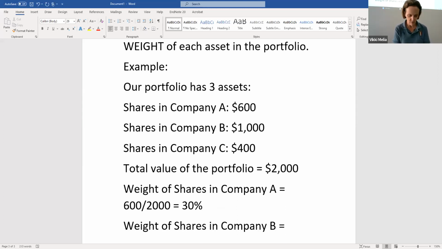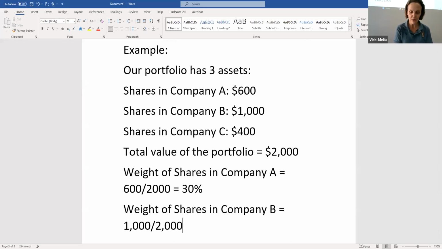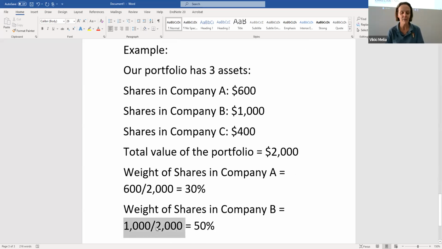So company B, we've got $1,000 invested in B. The total value of the portfolio is $2,000. So what's the weight of our investment in B? 50% of our portfolio, half of our money is invested in shares in company B.